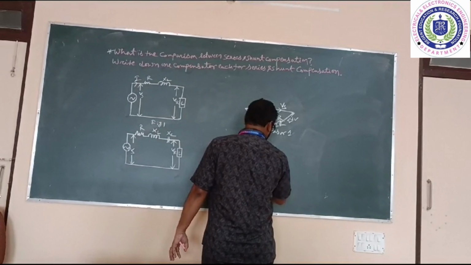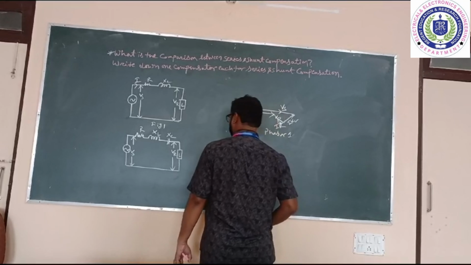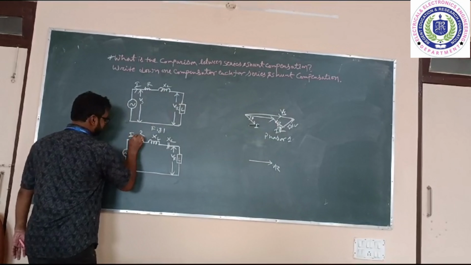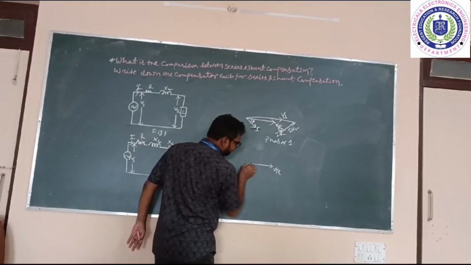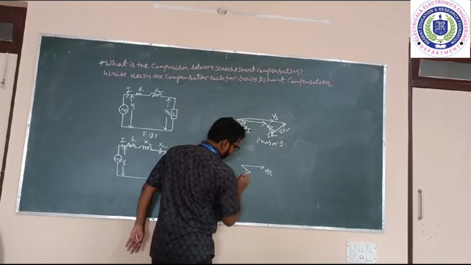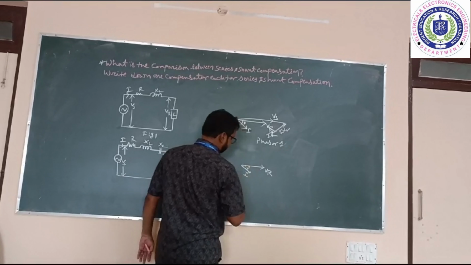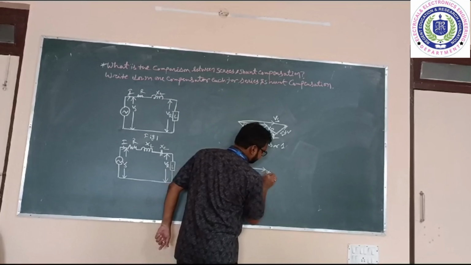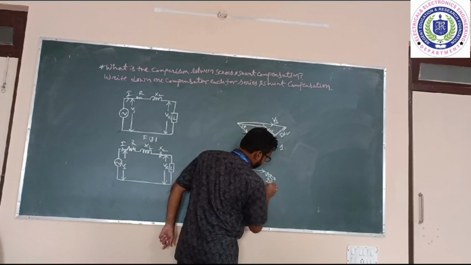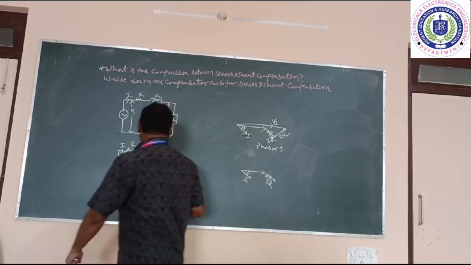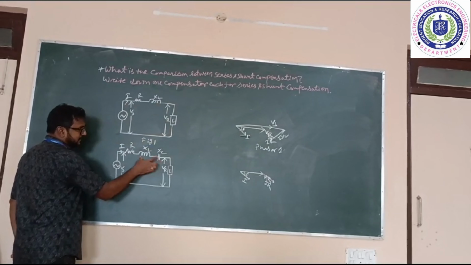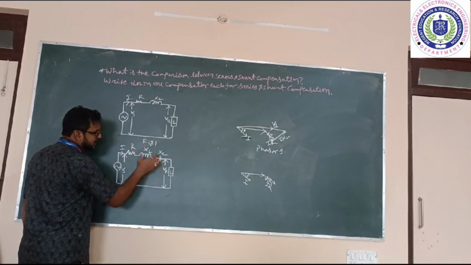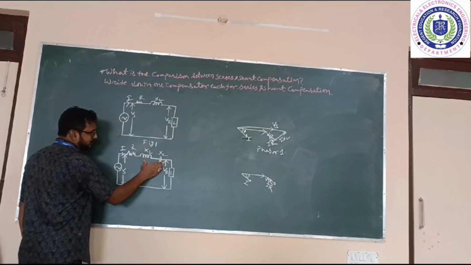Again, we are taking VR as the reference phasor, and the total current, that is I, lags at an angle phi. So draw the drop across the resistance, which is IR. And the net reactance of this part is XL minus XC. Say XL is greater than XC.